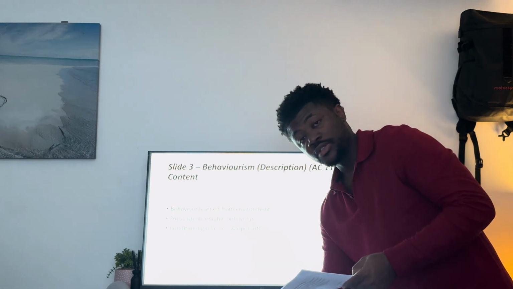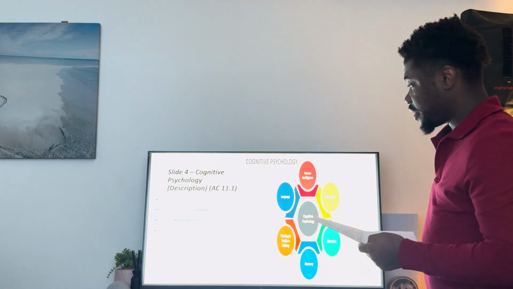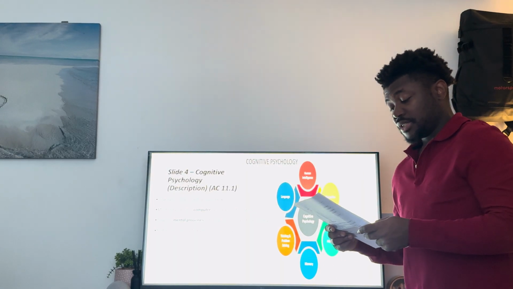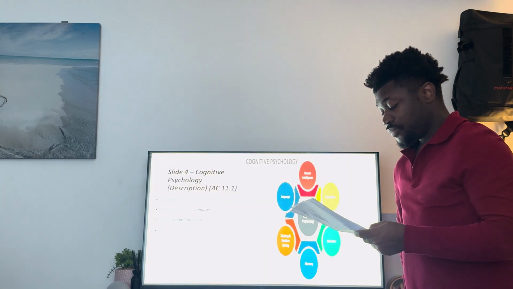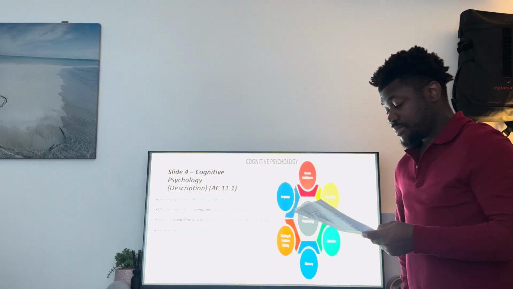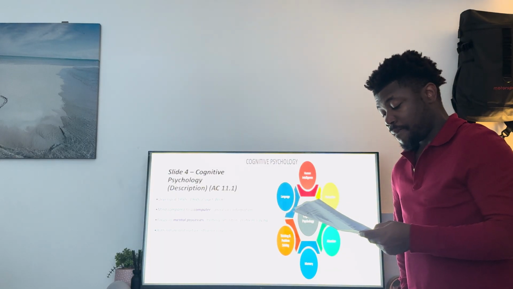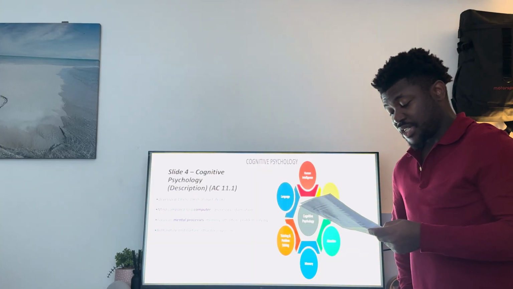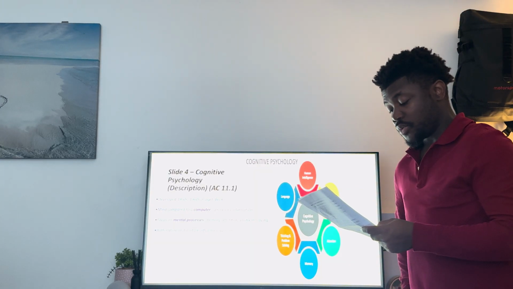Now we move on to slide 4. Now we come to cognitive psychology, and this is the overview of it. Cognitive psychology emerged in the year 1950 as a reaction against behaviorism and its neglect of mental processing. It views the mind as an information processor, much like a computer, taking in information, processing it, and then at the end of the day producing information or a response.